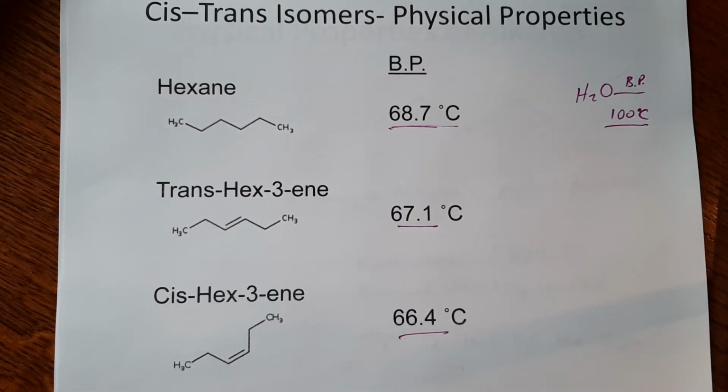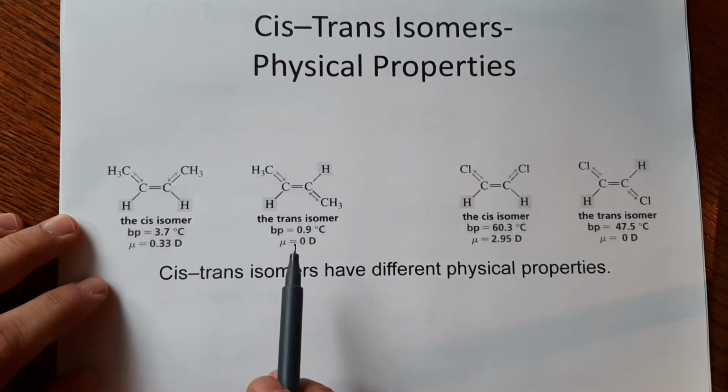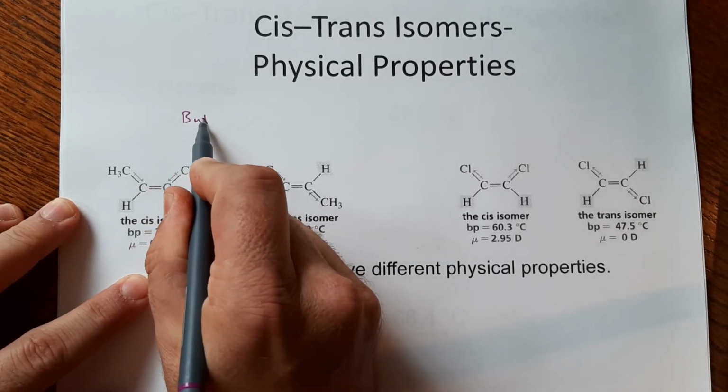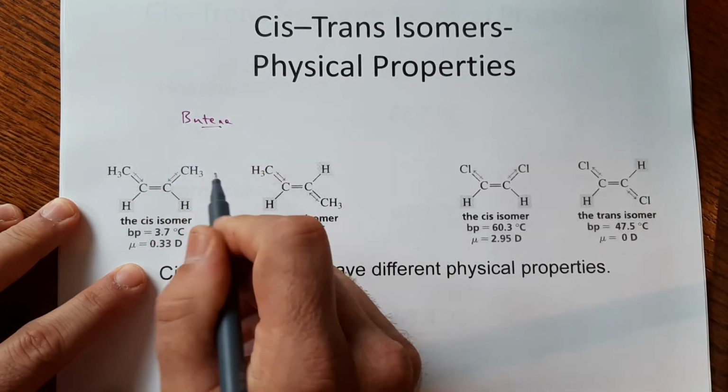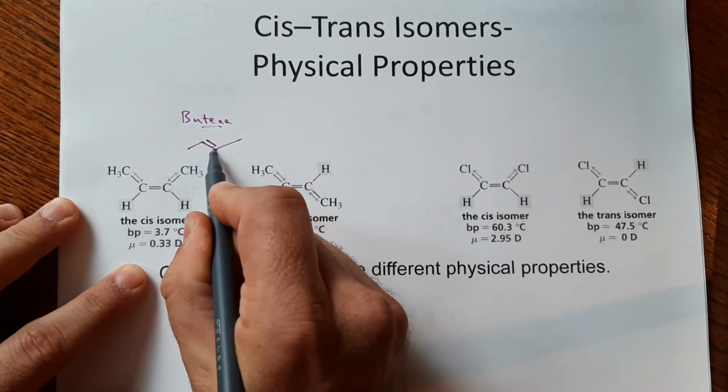But there's one wrinkle that comes in when we start adding different types of atoms. The molecule could become slightly polar. So we can see that here. Here we're looking at butene. This is 4 carbons with a double bond in the middle.